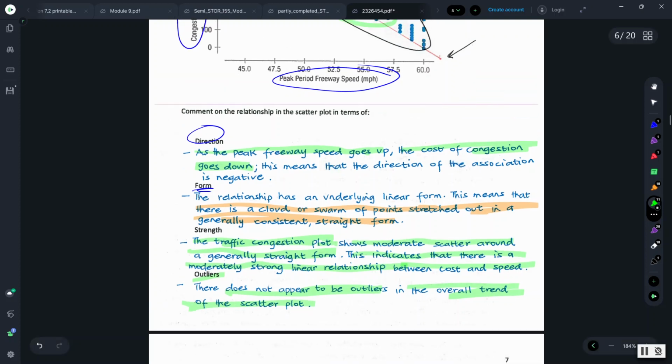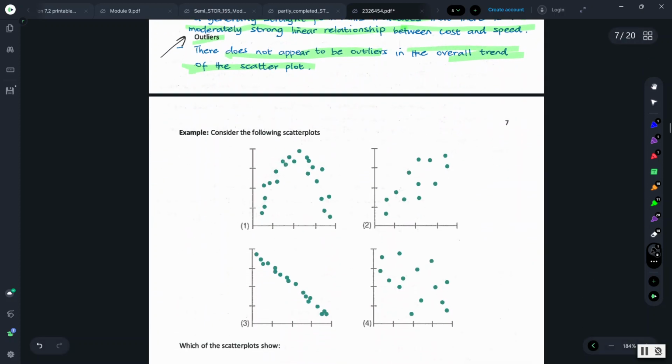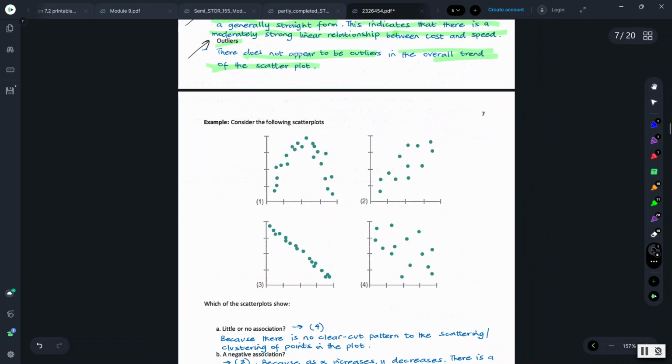So please do not forget the point that is very important to note. Whenever you observe a scatter plot, you want to talk about the direction, the form, the strength, and whether you have outliers or not.